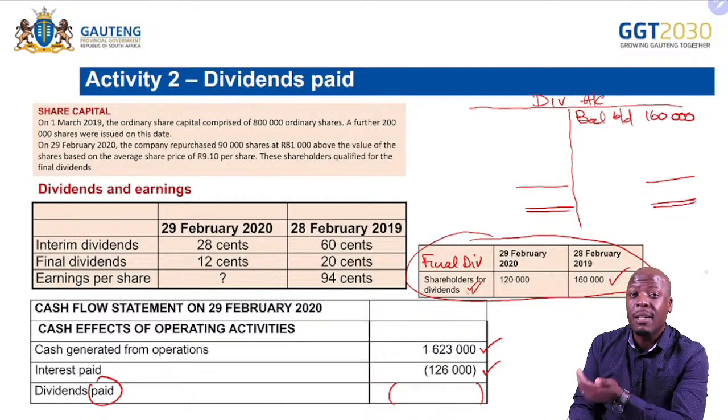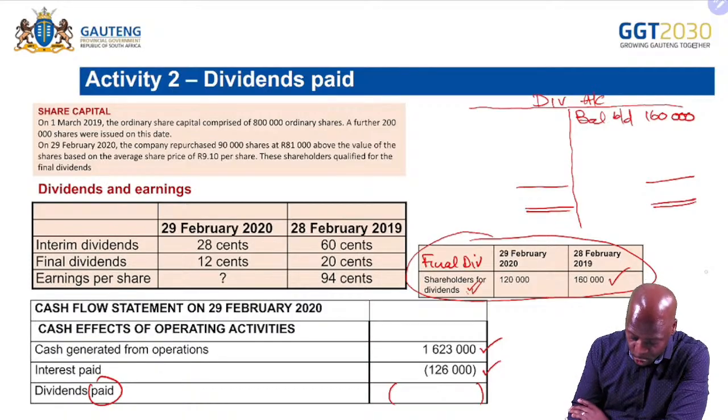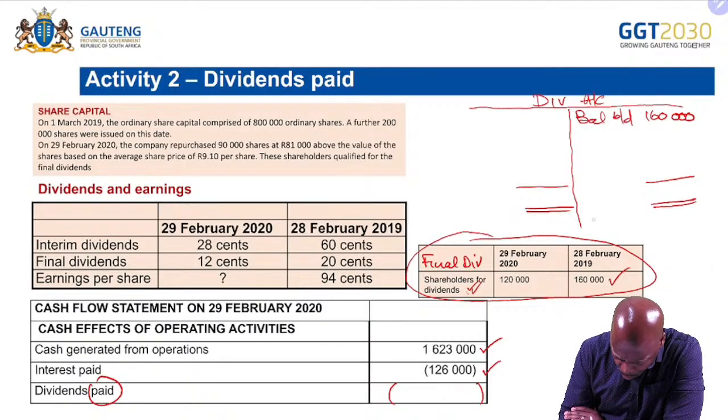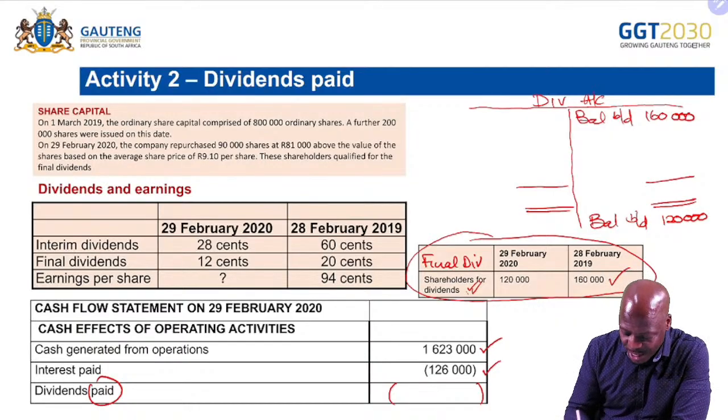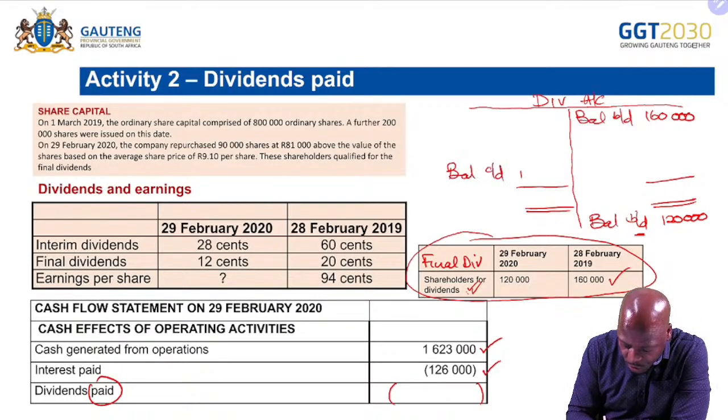Remember, they are only declared and they're paid in the next financial year. How much is my balance? My balance brought down is 120,000. But you guys know already that it cannot just be brought down here. It has to be carried down here. So I'm going to have my balance carried down, which is 120,000.